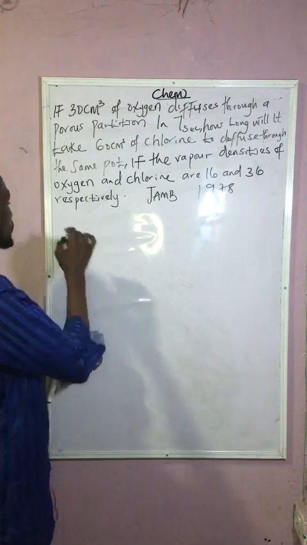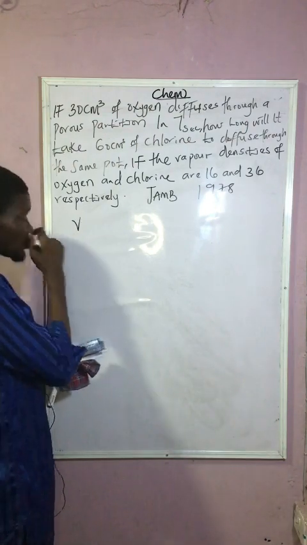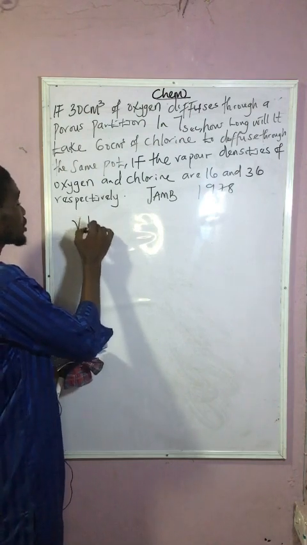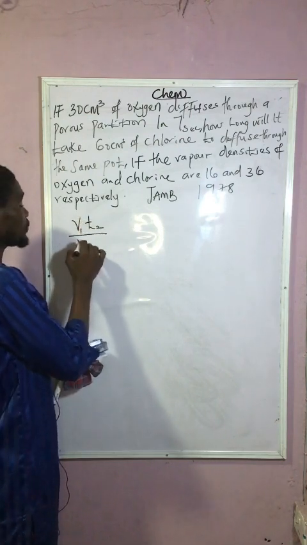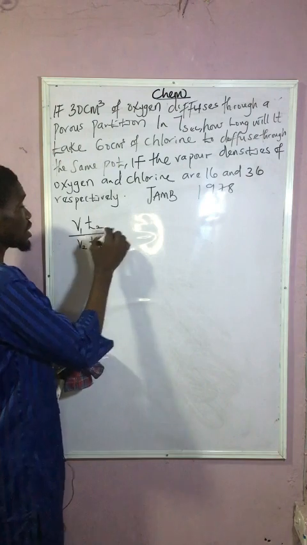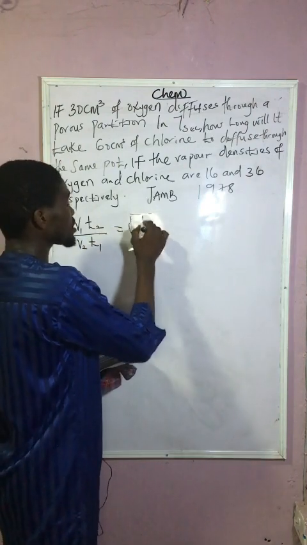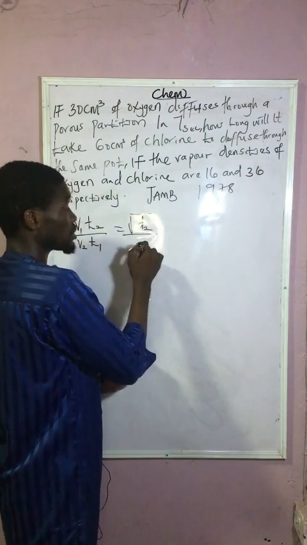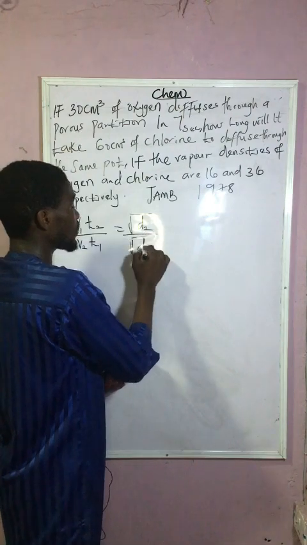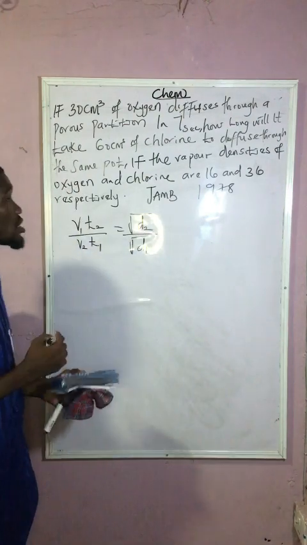We have volume V1, and V2, we have our time T1, and the vapor density of the second gas. It's called the vapor density of the first gas.